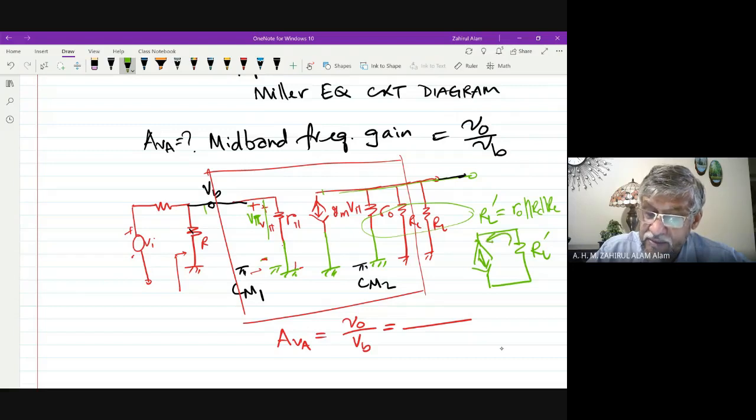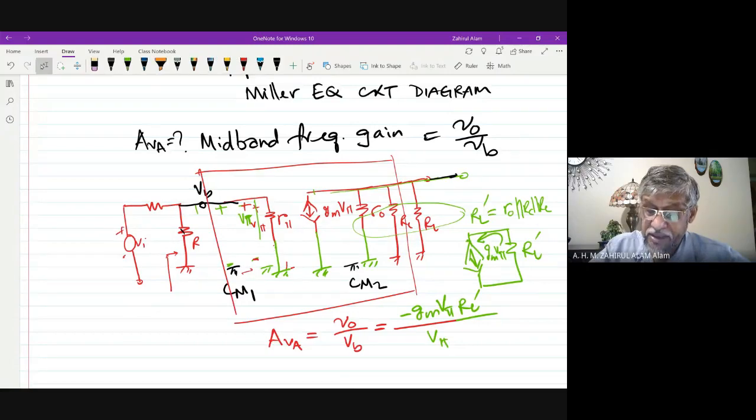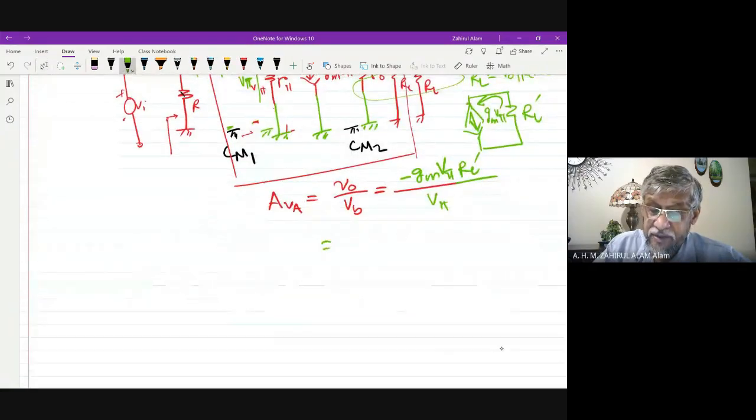The current is GM V pi, so V naught is minus GM V pi RL prime, and the VB voltage is equal to V pi. So from this one, I can get the gain.